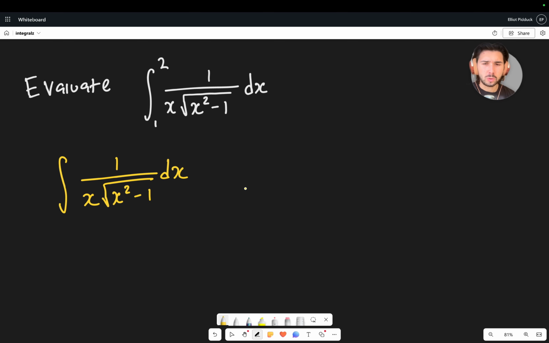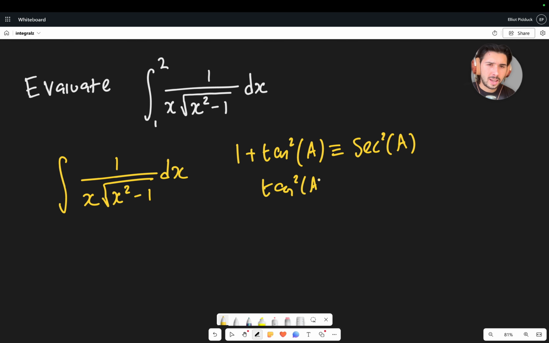Now, it's difficult to exactly explain why your mind should go to this if you don't recognize this. But what I will say is there is a trigonometric identity that says that 1 plus tan squared of, let's say, just a for now, is identical to sec squared of a. If we do a teensy bit of rearranging, we can see that tan squared a is then identical to sec squared a minus 1.